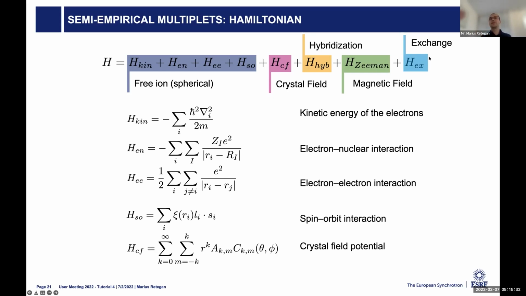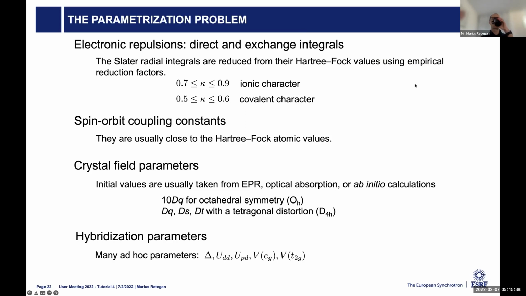You can have a magnetic field, or you can have an exchange field between the different centers. Now, you do not put in a three-dimensional structure, and this leads to a set of parameters.